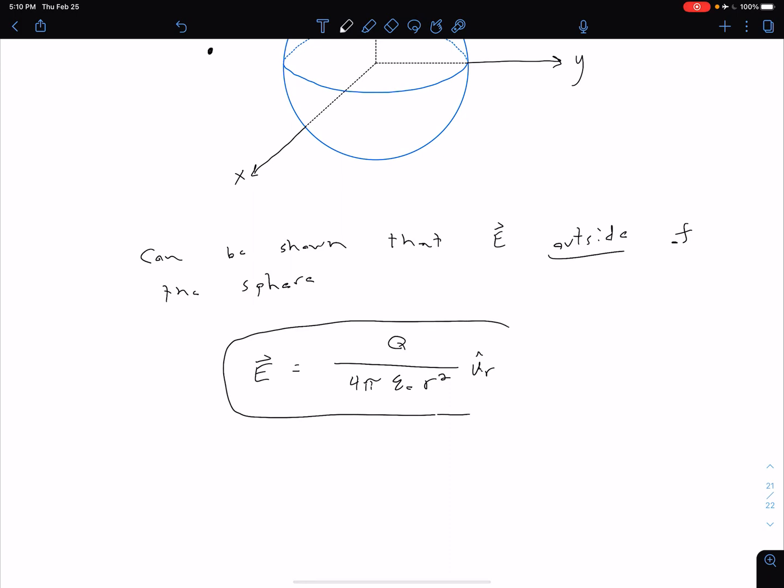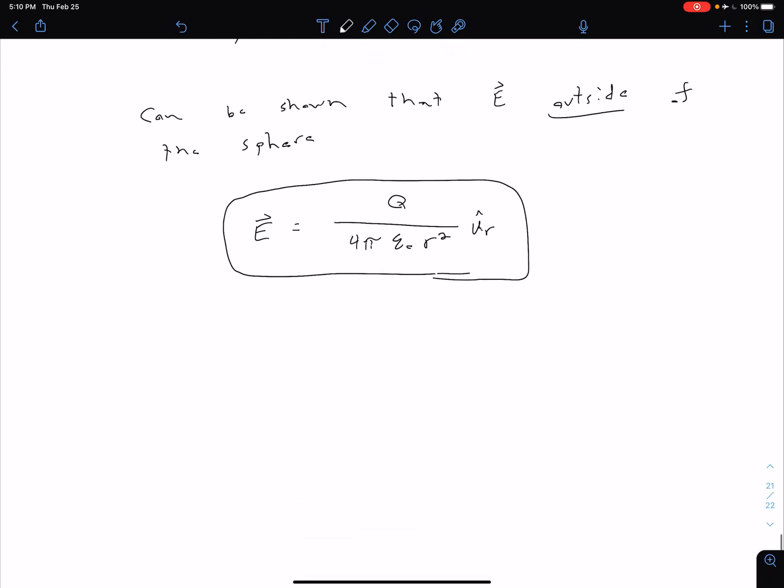Let me define a few of these things explicitly. Our Q is the total charge in the sphere, and of course we can get that by multiplying the volume by our charge density rho sub v. That's going to be our total charge in the sphere.